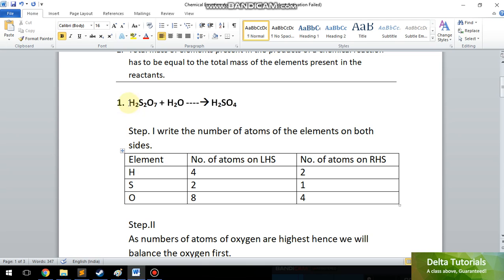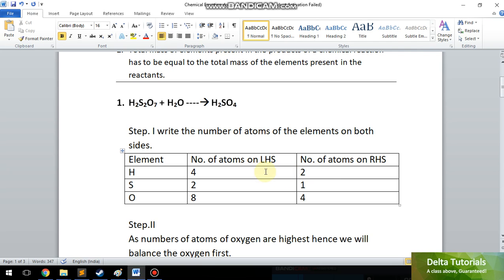So first of all, for hydrogen, H2 means 2 and here H2, so it becomes 4 atoms on the left hand side, and similarly on the right hand side we can see H2SO4. H2 is there, so only 2 atoms of hydrogen are present. See, there is a difference between both the numbers.